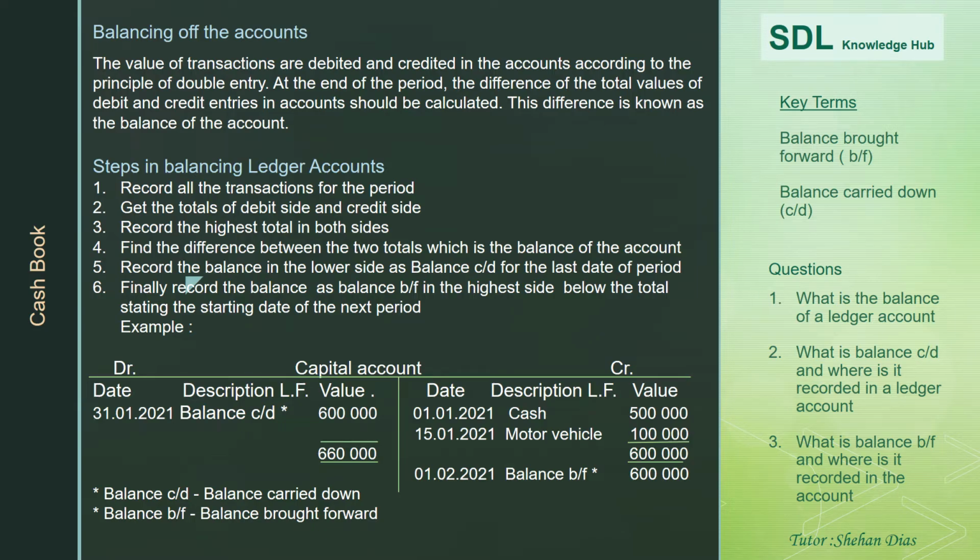Then find the difference between the total and the total of the lower side, which is the balance. So that balance you put into the lower side above the total as balance carried down for the last date of the period. And finally, the same amount you record in the other side as balance brought forward on the first day of the next period.